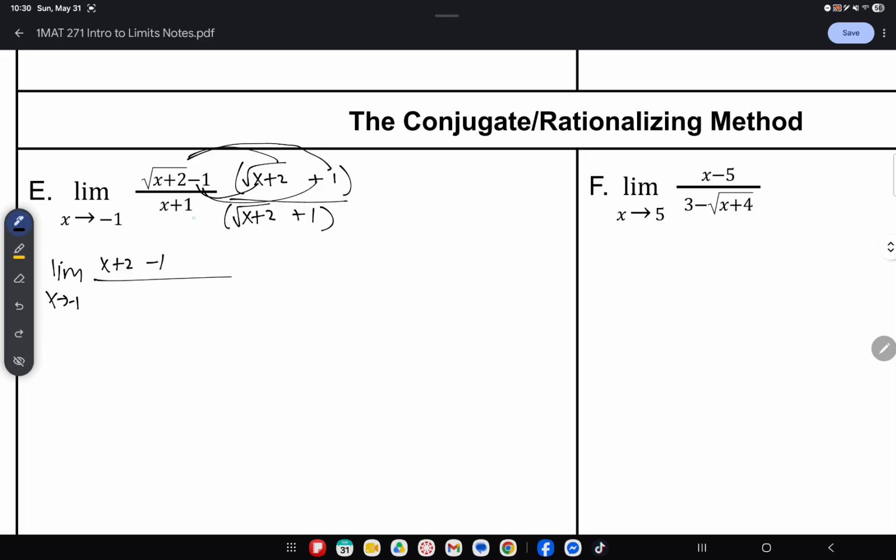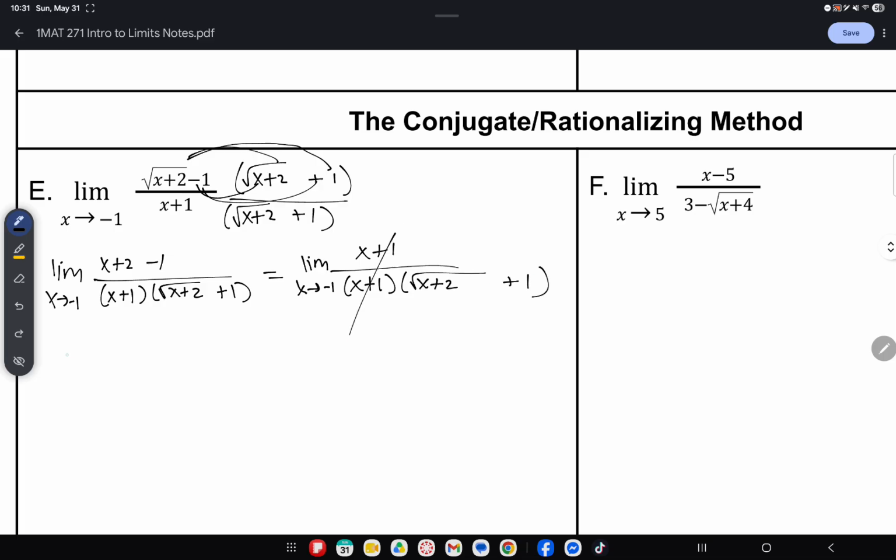Now in the denominator, I'm not going to try and FOIL that out or multiply that out, because watch the magic that's about to happen. I can combine some like terms, and I get x plus 1 over x plus 1 times the square root of x plus 2 plus 1.